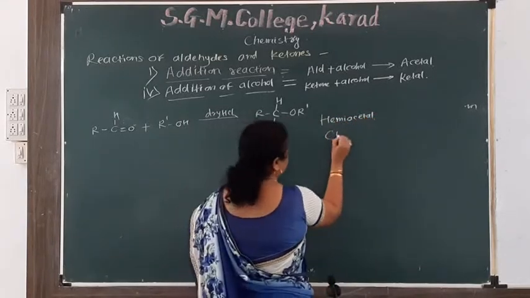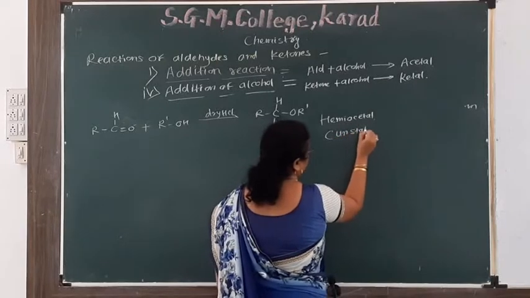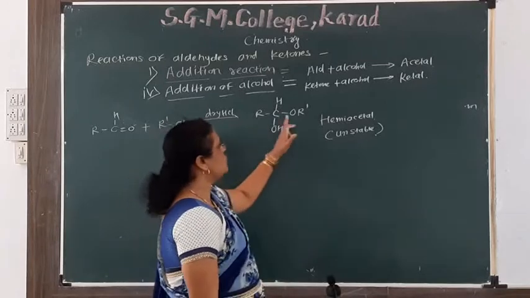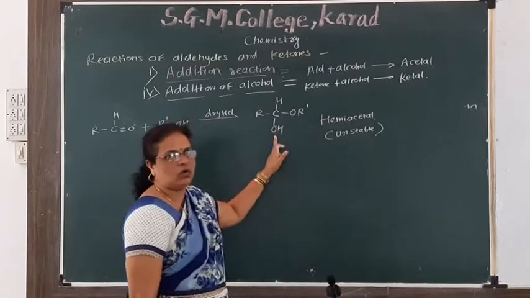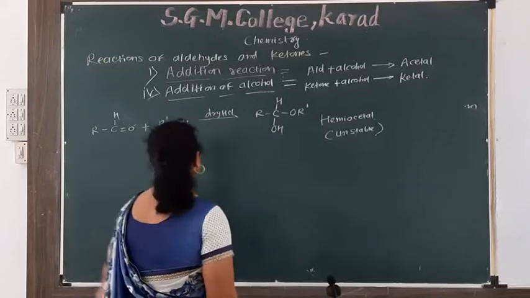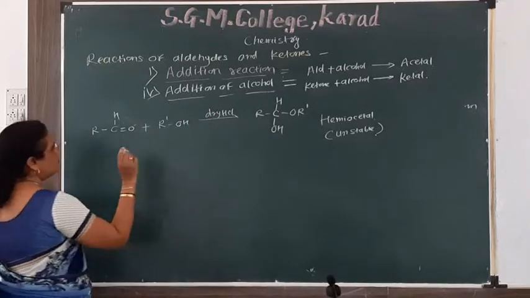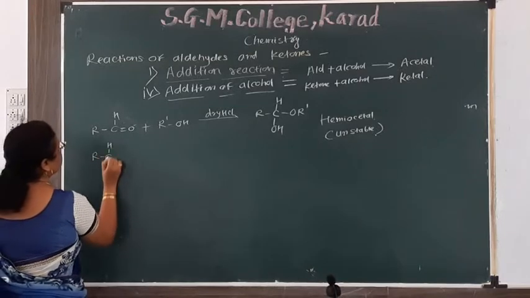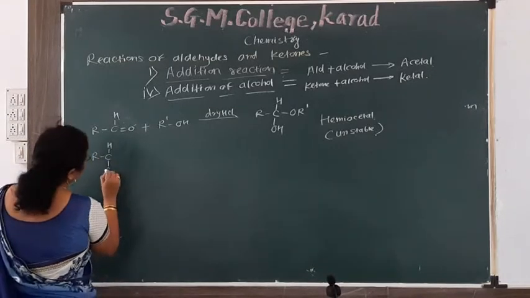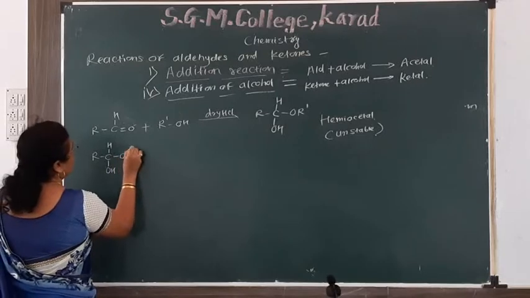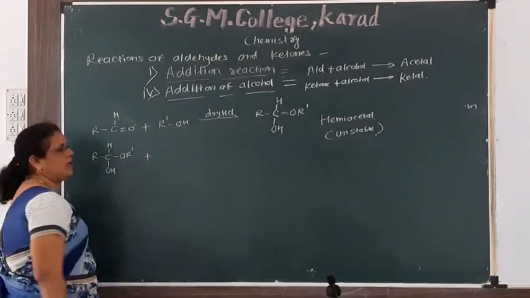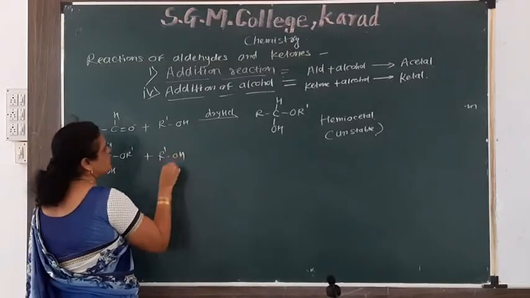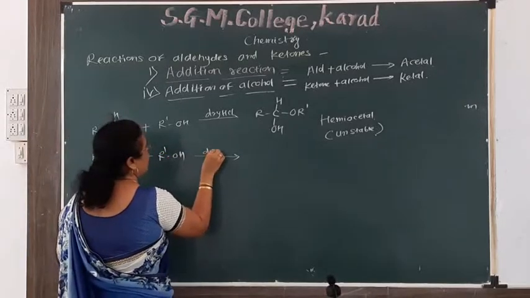Hemiacetal, this is an unstable product. Or this is also known as alkoxy alcohol. Then this hemiacetal RCH, here OH, OR dash, is again treated with another molecule of alcohol, that is R dash OH, in presence of dry HCl.